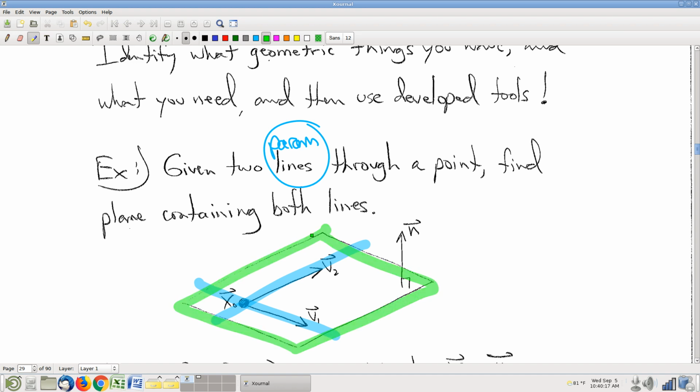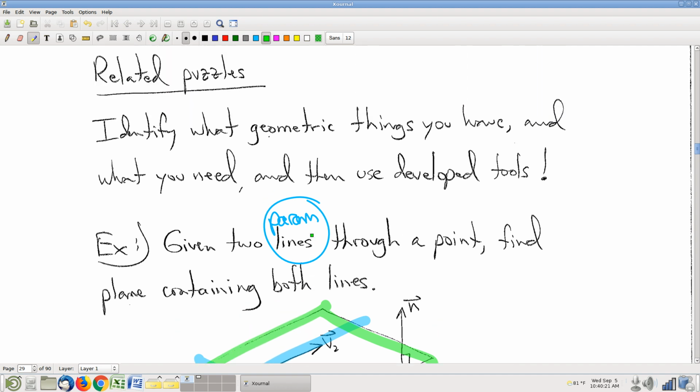Okay, so the general strategy here, as I noted up here, is step one, identify what geometric objects you have, or that you can conveniently identify from what you're given. Next thing, identify what geometric things you need in order to get the thing you're looking for. The problem is going to be given as, here's some algebra, find me more algebra.